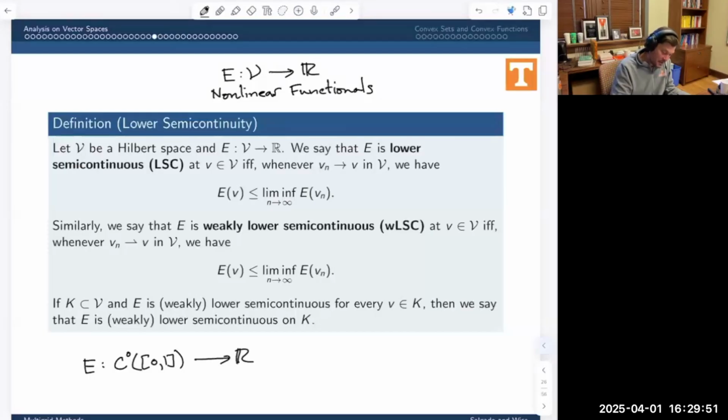For the Banach space, let's use this guy, C0. So that's not a Hilbert space, but it is a Banach space. It's a Banach space if we pair this with the sup norm. And so they're continuous functions. Here's how I'm going to define this nonlinear functional E.